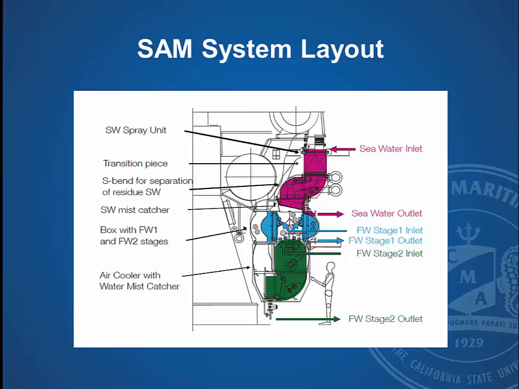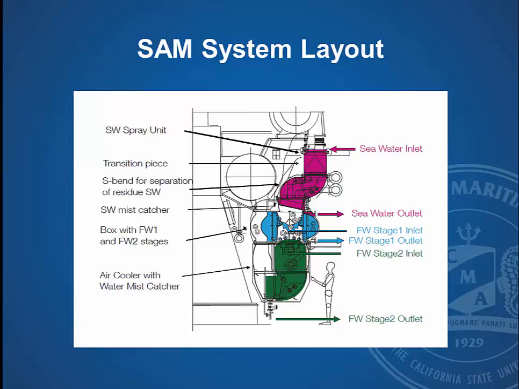All right, so this is showing that. You have this saltwater spray unit, and then you'll have a mist catcher, which is very typical to what has been used for years for removal of water from the scavenging air. And then that salt water, any that's not atomized, is drained away. And then you have the two freshwater stages where you're trying to catch any salt that would pass through.